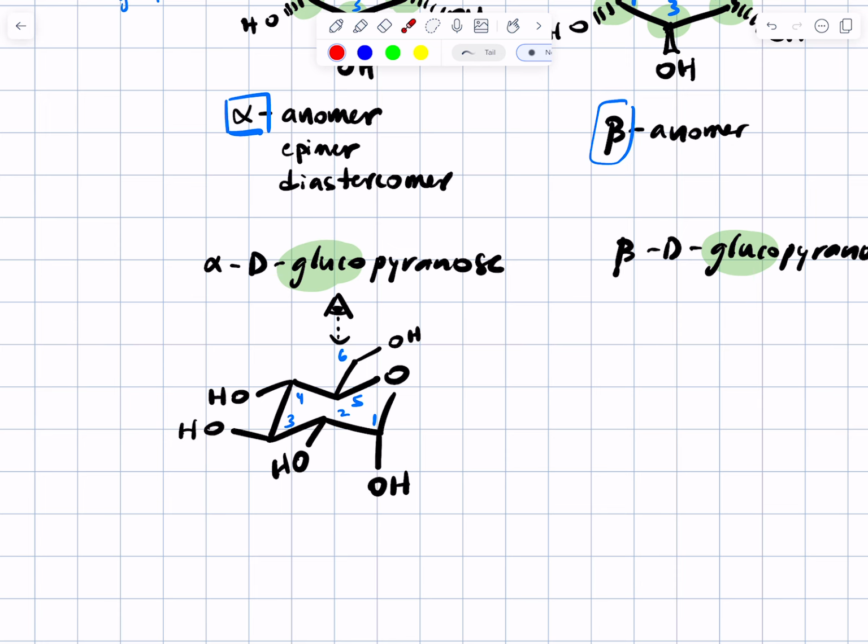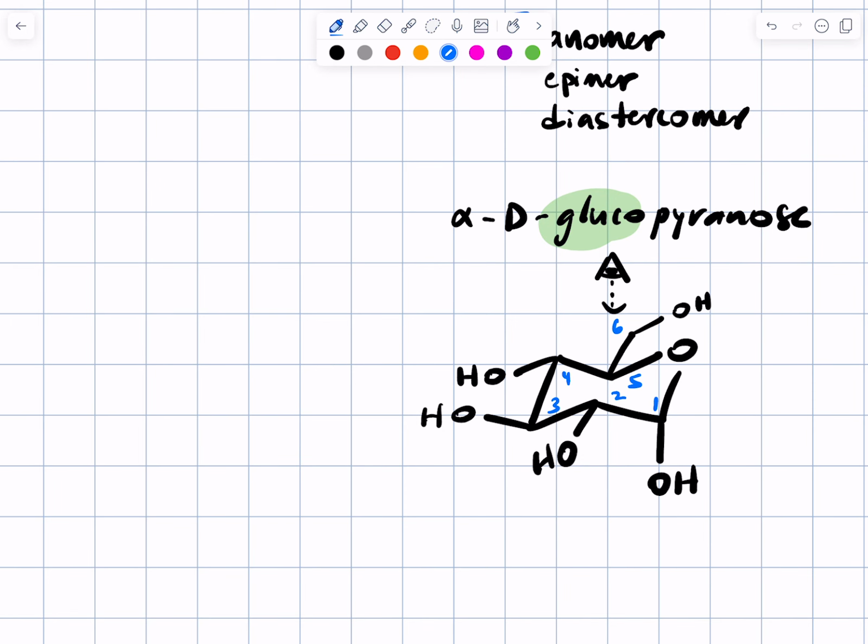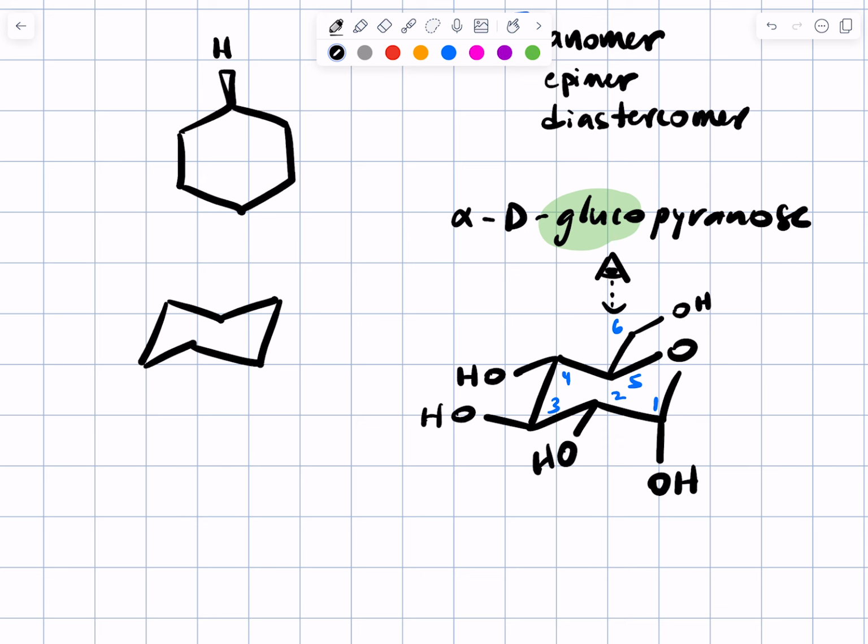Yeah? Wait, could you re-explain real quick what equatorial is? That should be a straight line, not a dash or a wedge. No. So in a six-membered ring, we talked about how six-membered rings aren't perfectly flat. They pucker a little bit. That is, carbons 1, 3, and 5 come up out of the plane of the page, and carbons 2, 4, and 6 poke down into the plane of the page to give you this sort of chair zigzag shaped structure.